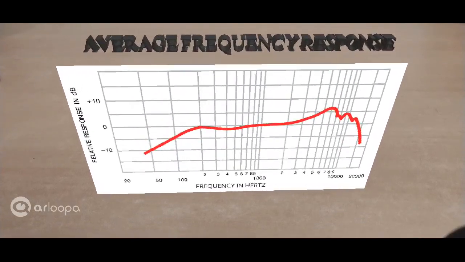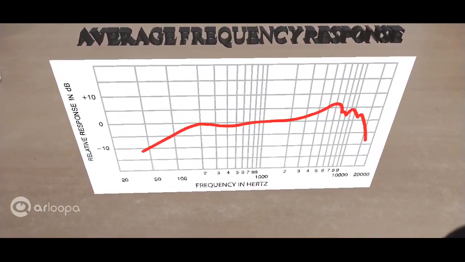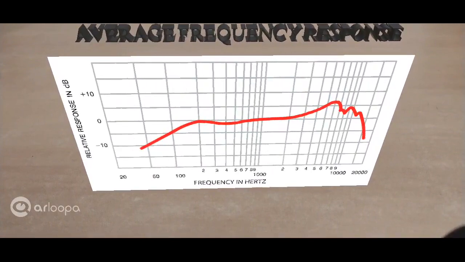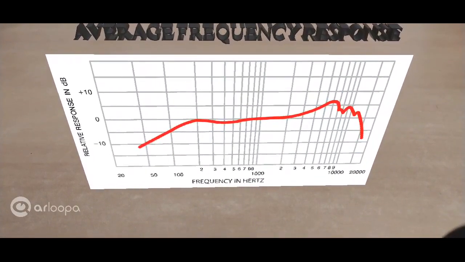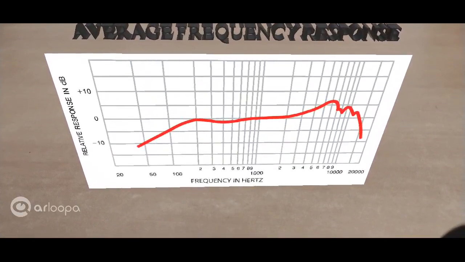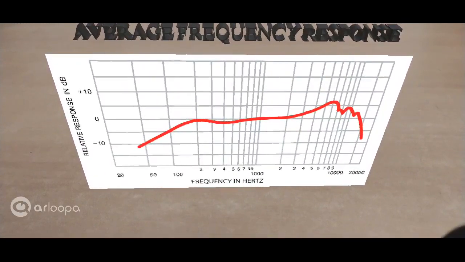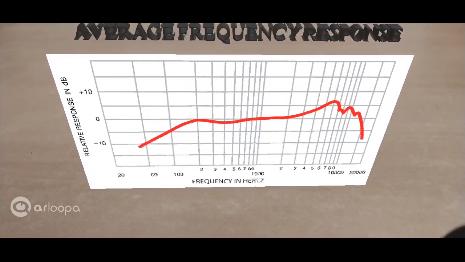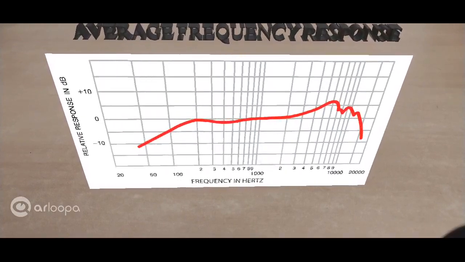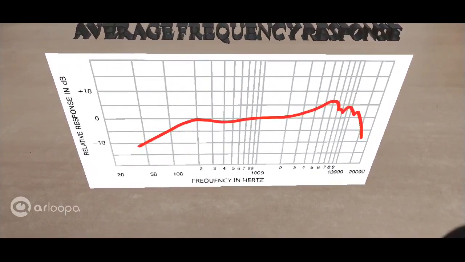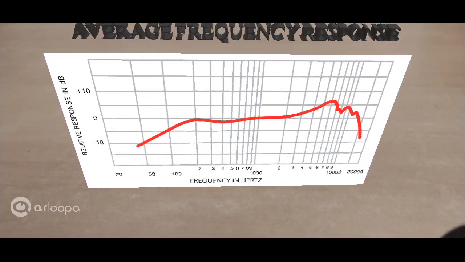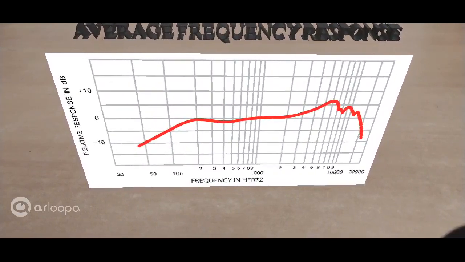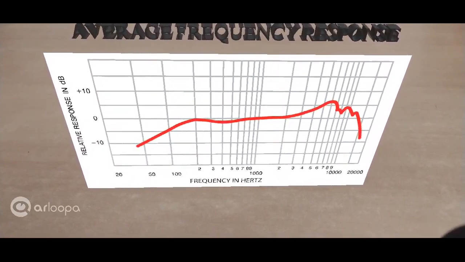In this graph, the y-axis is the deviation and the x-axis is the frequency in hertz. We're observing that from 200 hertz to approximately 2000 hertz, the graph is approximately flat. So it has a flat frequency response in this bandwidth, which means the speaker will exactly reproduce a sound if it falls within this range.